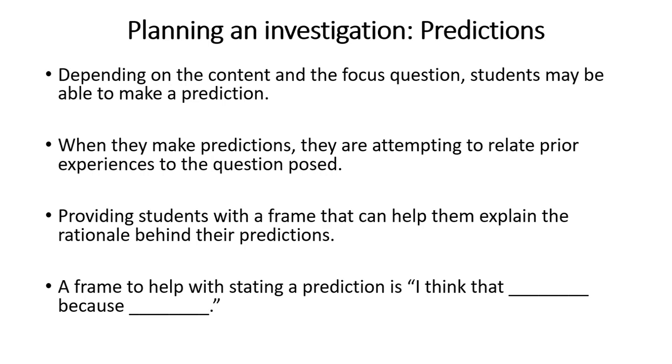Almost always you want them to become scientists. You want them to work as scientists. So one way that we do science is making predictions. So create space in the science notebook for them to make predictions.